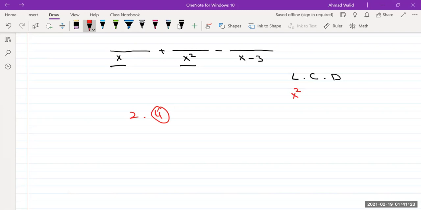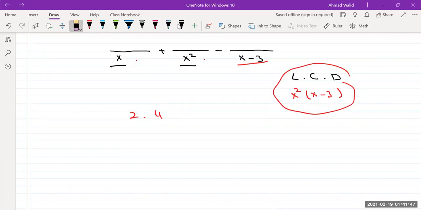But here you see x minus 3, but you don't have it in this denominator, then definitely x squared times x minus 3 is your LCD or LCM. This is how you always find the common denominator between algebraic expressions, correct? If you have algebraic expressions in your denominator.